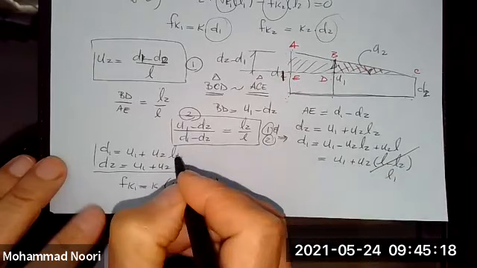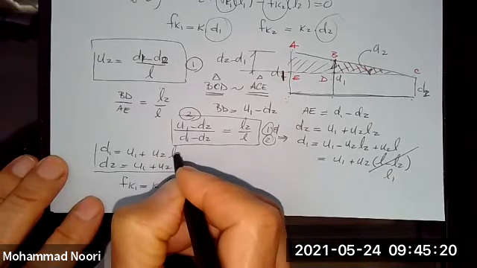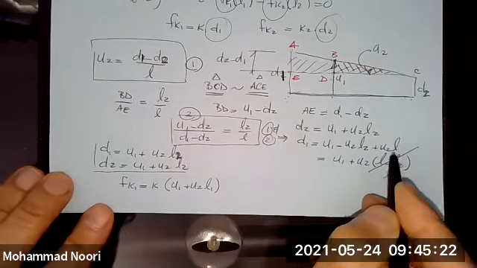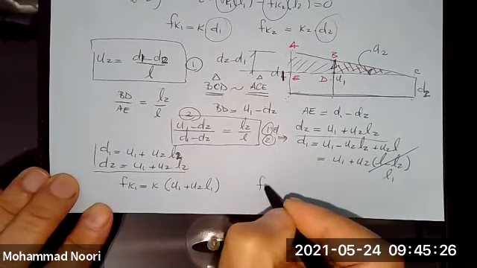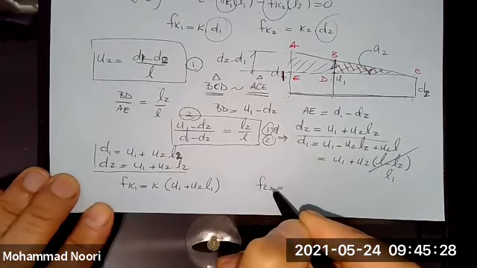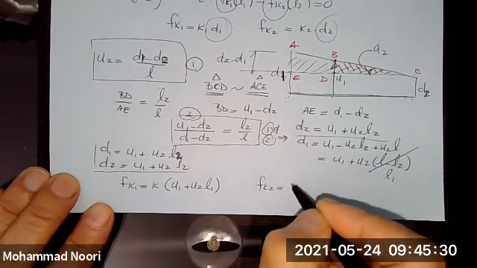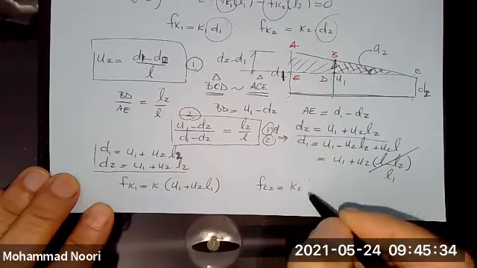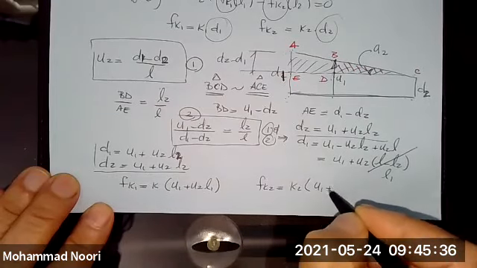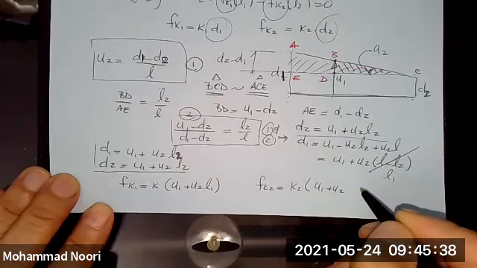I'm sorry, L2 here. That's what it was. And FK2 comes out to be K2 times D2, which is U1 plus U2 L2.